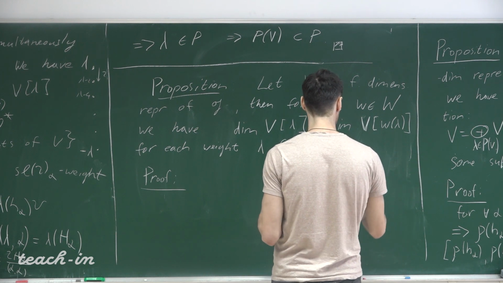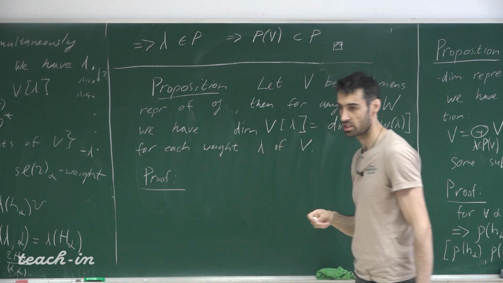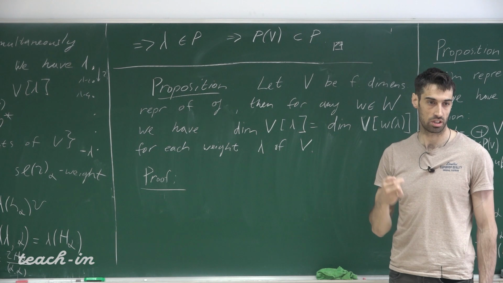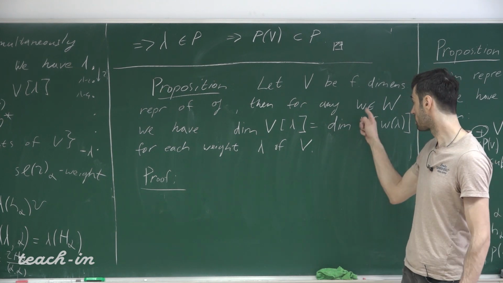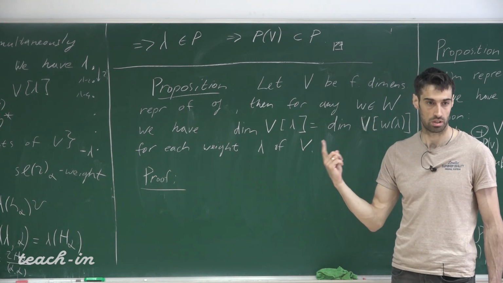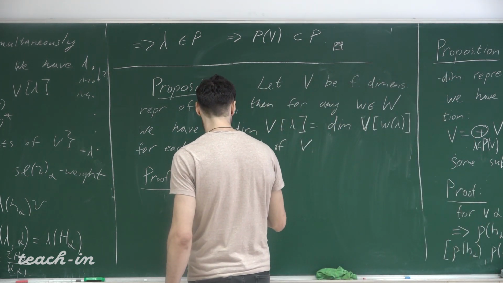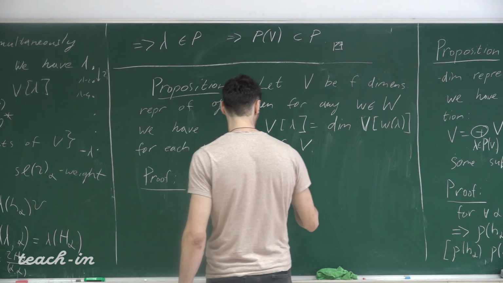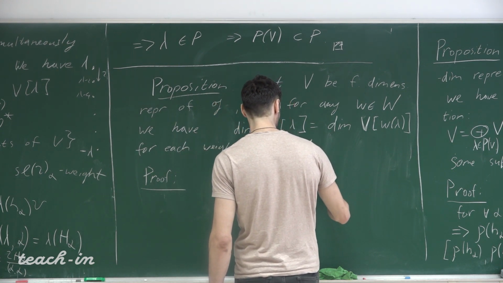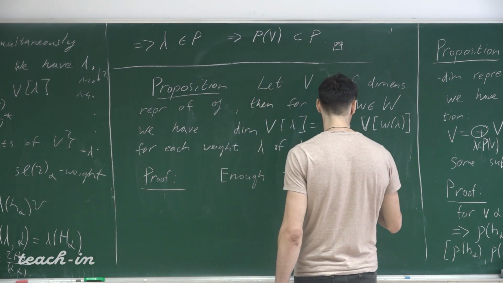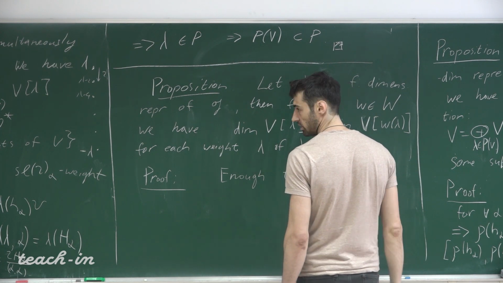Of course, since Weyl group is generated by simple reflections, it's enough to take this small w to be just one simple reflection. So enough to take w to be some simple reflection.